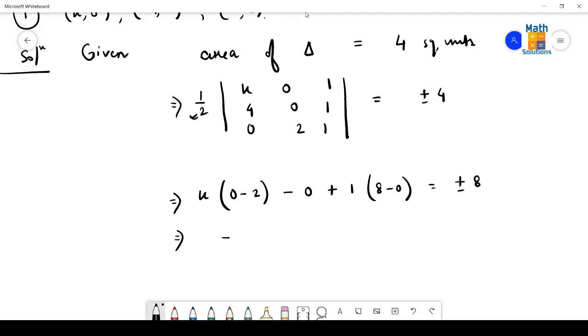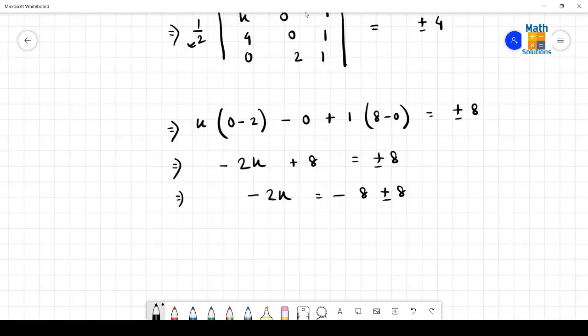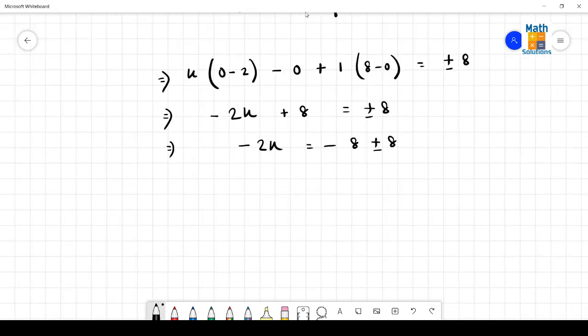Then we shall be getting here minus 2k plus 8 is equal to plus minus 8. Then after minus 2k is equal to minus 8 plus minus 8. So after this we have to remove this minus sign.